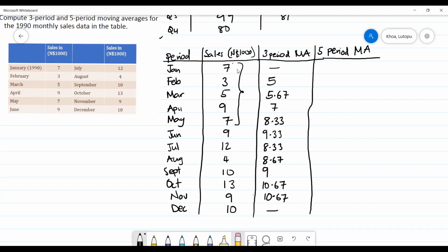So I'm going to start putting my value over here. So there's nothing at the first, nothing at the second, and my first value is going to go here. So I'm going to say 7 plus 3 plus 5 plus 9 plus 7. This is 31. And then I say 31 divided by 5.